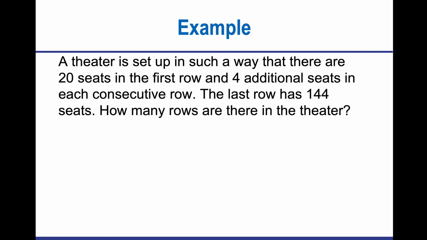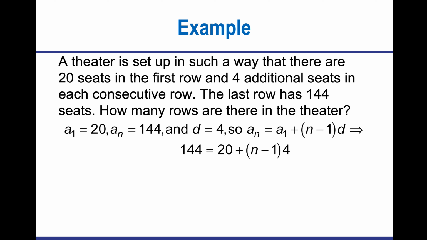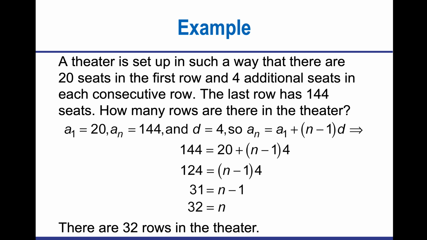Here is another example. A theater is set up in such a way that there are 20 seats in the first row and 4 additional seats in each consecutive row. The last row has 144 seats. How many rows are there in the theater? So my starting row is 20. My ending figure is 144.